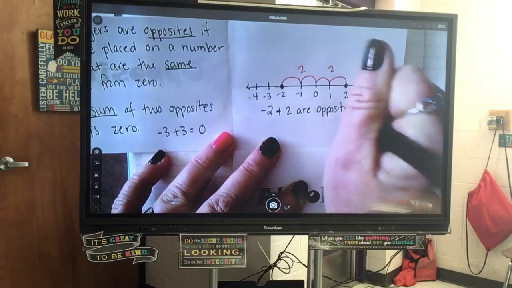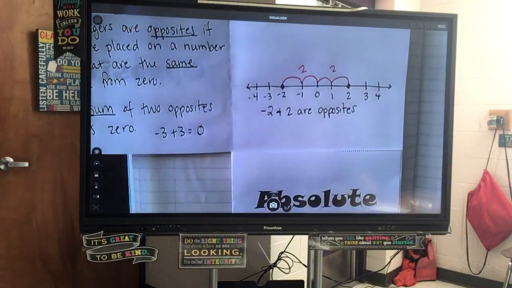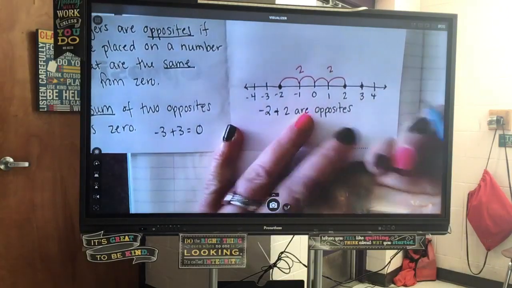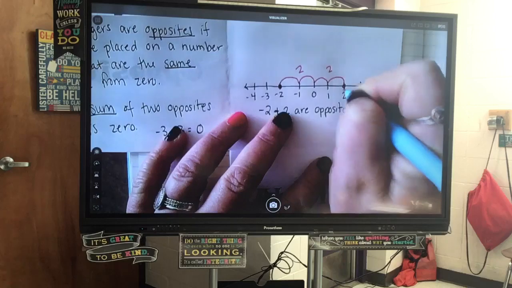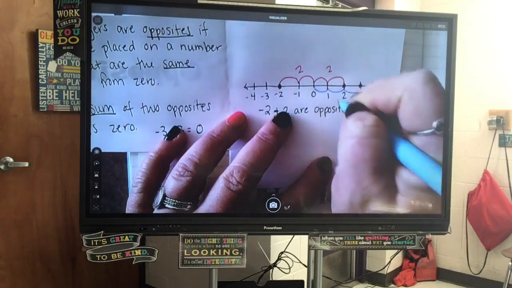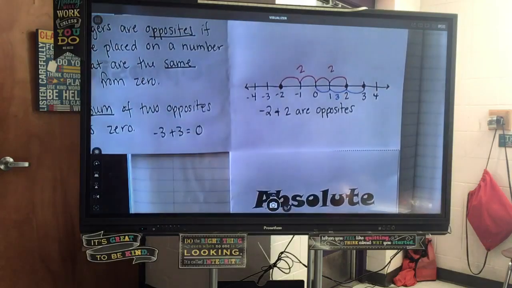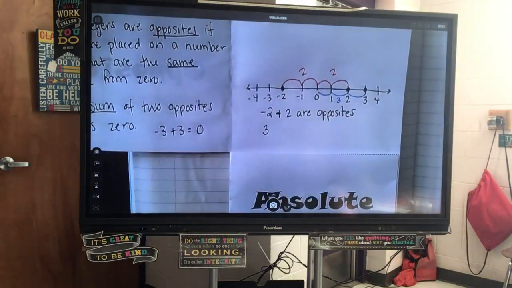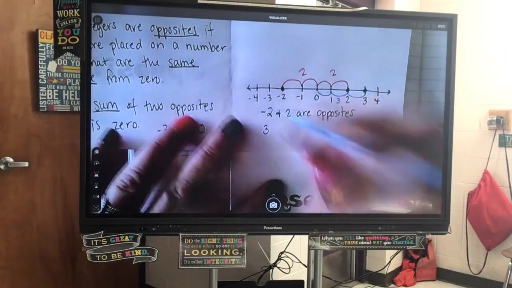Do we all agree? Alright, somebody give me another number, -4 to +4. Alright, Kaya? 3? Okay. So, put a dot on 3. And I'm going to hop 1, 2, 3 times. So if this is 3, what is the opposite of 3? The opposite of 3. Christiana? -3.